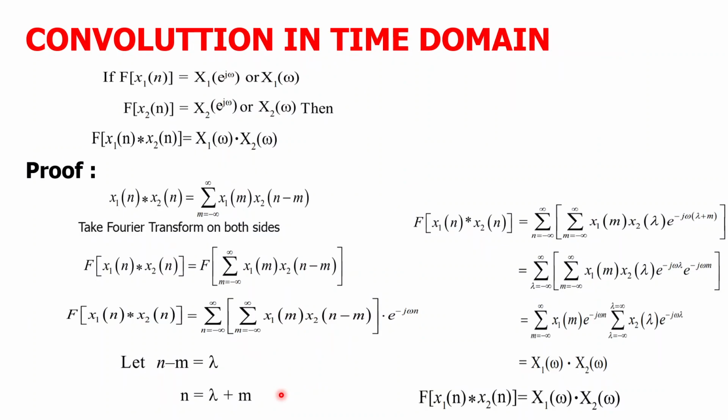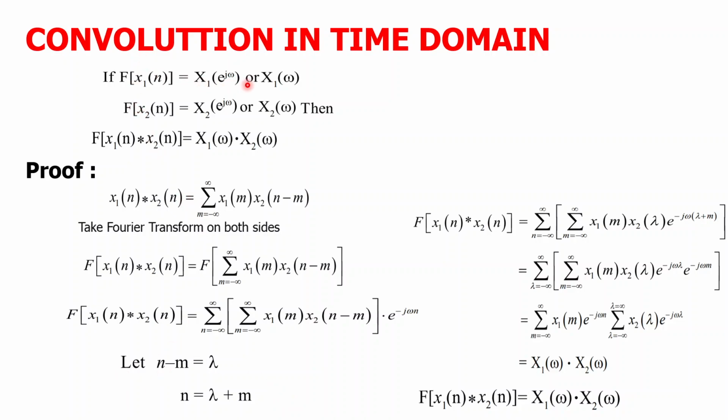Next, convolution in time domain. This is an important property while analyzing the systems in the 5th unit. We use this property. Convolution in time domain will lead to multiplication in frequency domain.